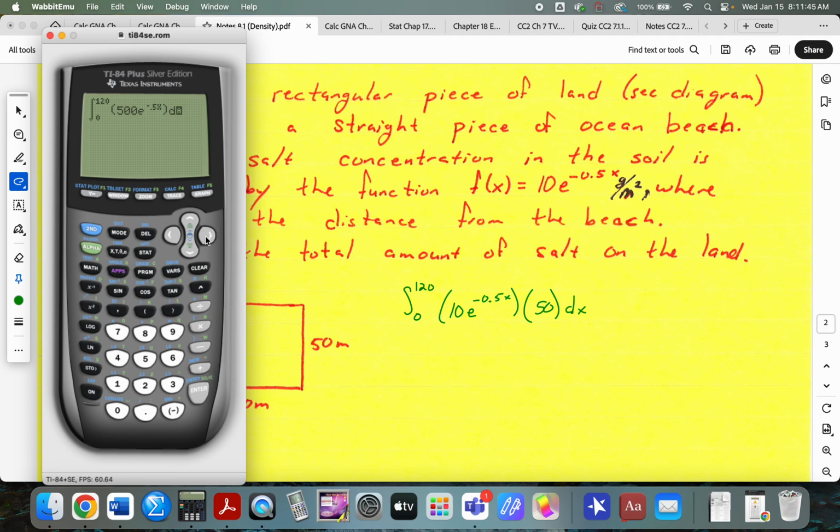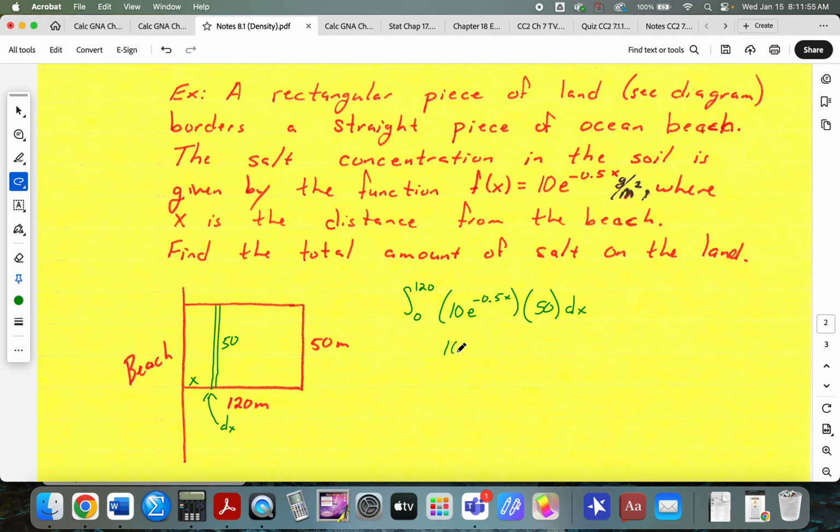And we're taking the integral with respect to x. So there's 1,000 grams of salt on that. It's interesting that that came out so nicely.